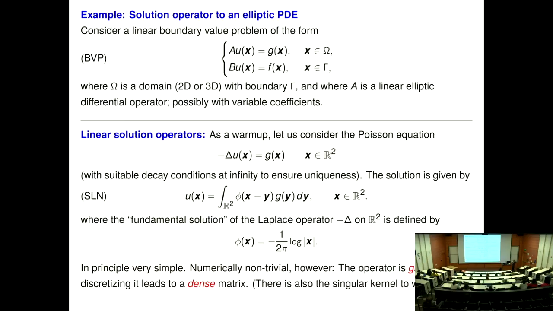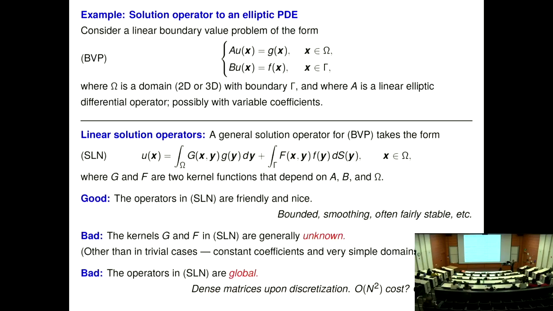So mathematically, this is straightforward. Computationally, it's tricky, because if I discretize this, I end up with a dense matrix: I sample G at some collocation points, and I want to evaluate u, and all these points talk to each other. But there's the fast multipole method that does this in linear complexity. This is one of the inspirations for what we want to do.